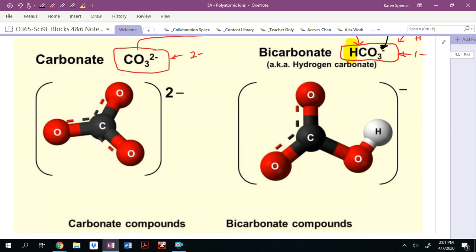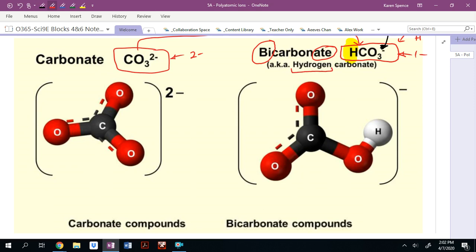One other thing, bi-ate ions also have a different name. Instead of bicarbonate, you could call it hydrogen carbonate, which makes sense because we've added a hydrogen onto our carbonate ion.